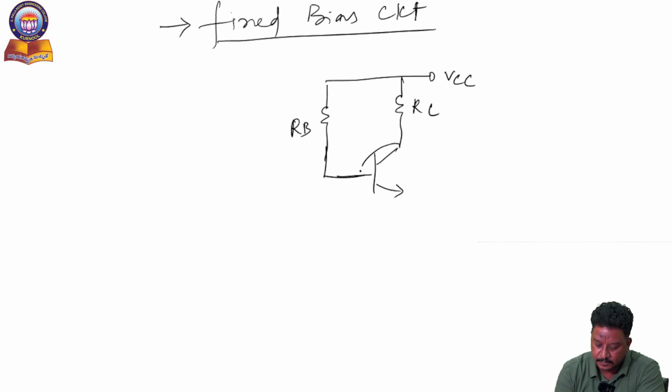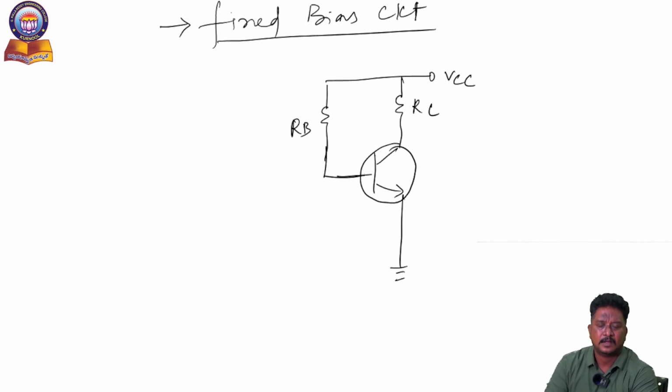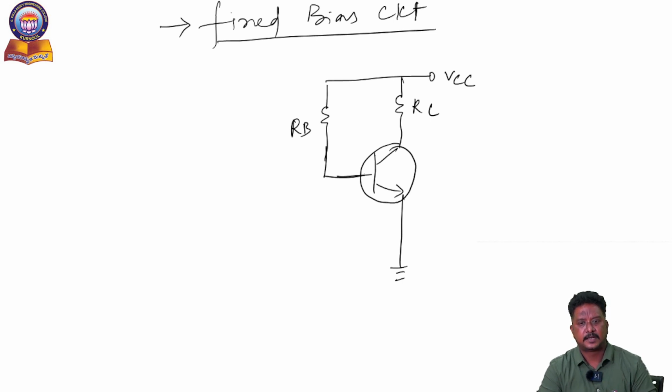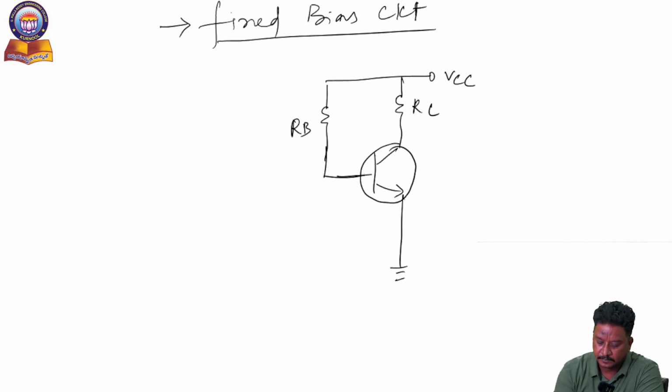Of course, I am using common emitter configuration. Why? Because in common emitter configuration only the stability is minimum. We are getting less stabilization. So to increase the stability, we require the stabilization techniques. That is the reason. And this is VBE. Of course, this is IC and this is IB.